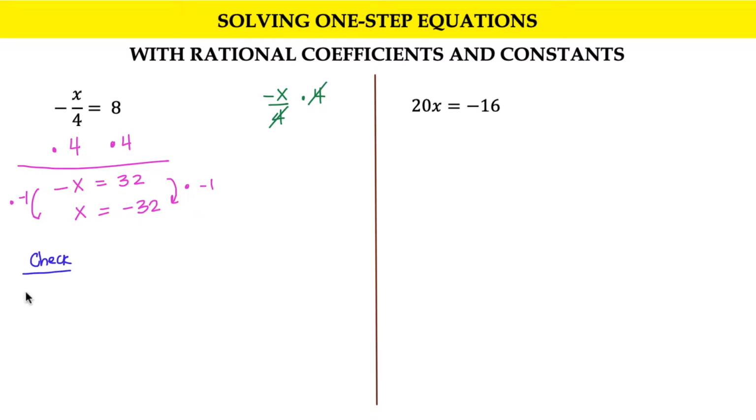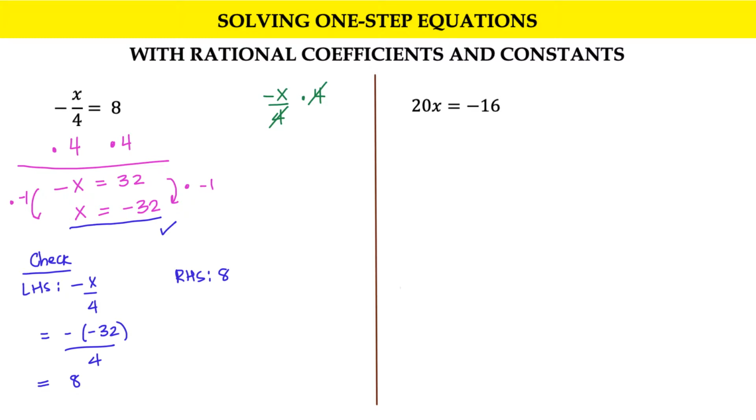On the left hand side we have negative x over 4, and negative of x is negative 32, so negative of negative 32 over 4. Negative of negative 32 is positive 32, and positive 32 over 4 is 8. And on the right hand side, we have 8. This tells us that our solution of x equals negative 32 is correct.